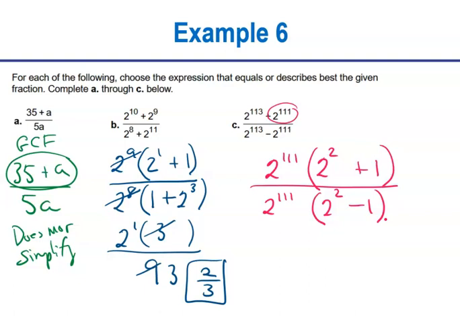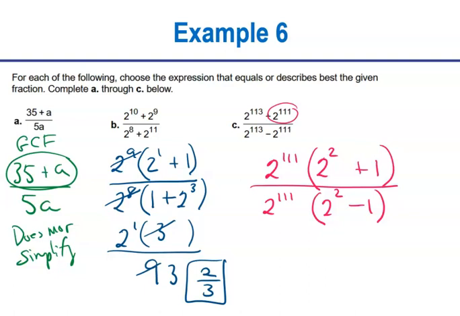Now, again, you know what's going to happen. A lot of students are going to cancel this 2 to the 113 over this 2 to the 113, and this 2 to the 111 over this 2 to the 111, and all you have left is a plus over a minus, which doesn't make any sense at all. You're never allowed to cancel part of a sum or addition. It's one of the biggest mistakes students make when they're dealing with fractions.